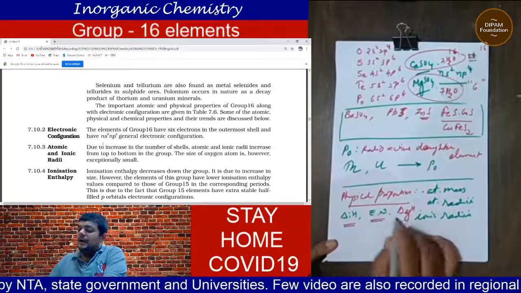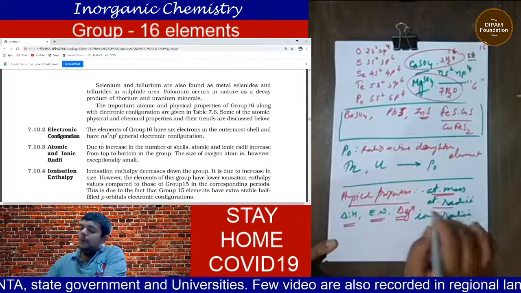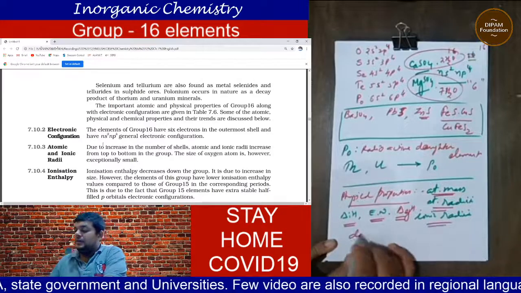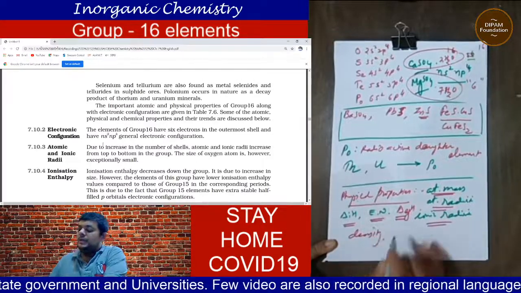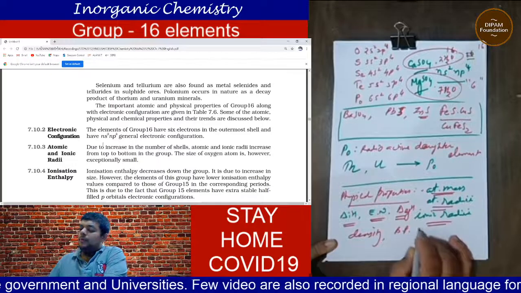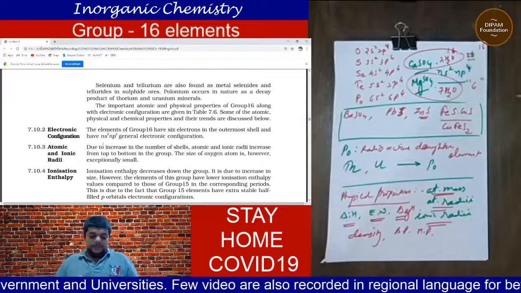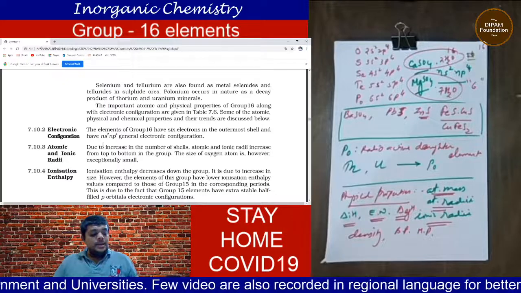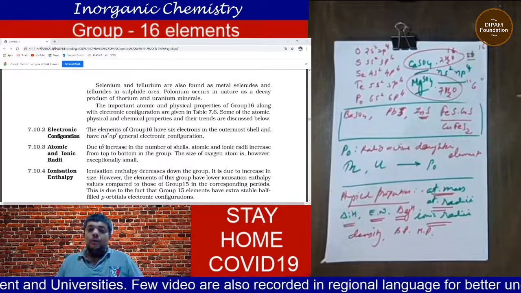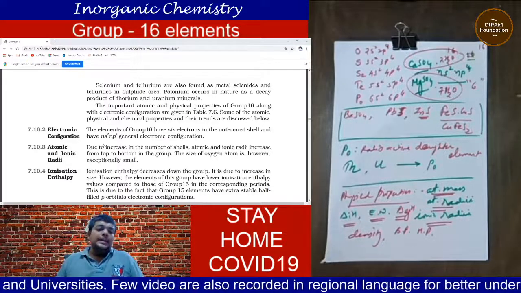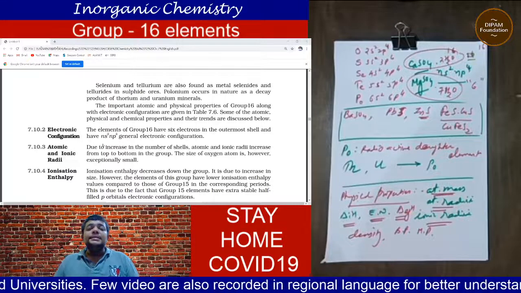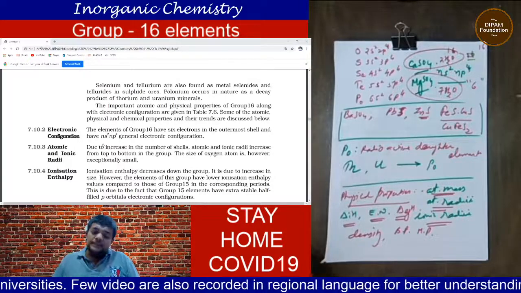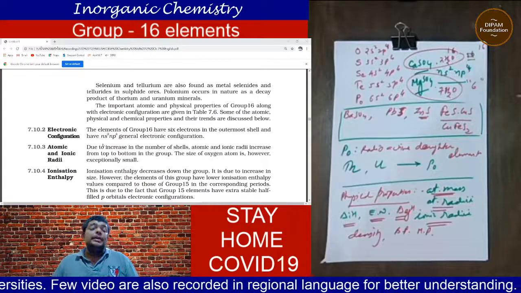But these are a few very important physical properties where you can also include density, boiling point, and melting point. So students, our first task now will be identifying these properties in group 16 and also learning their trends.